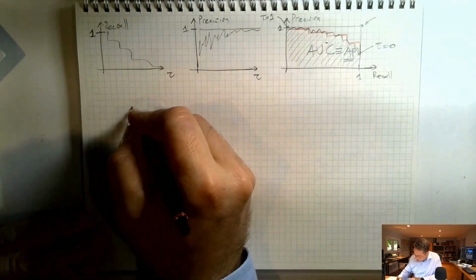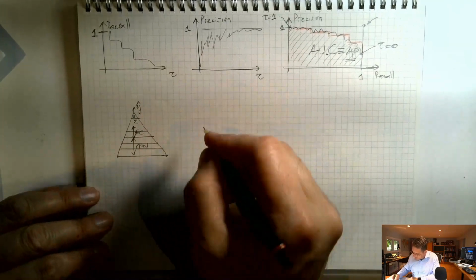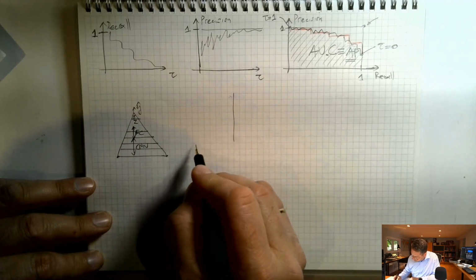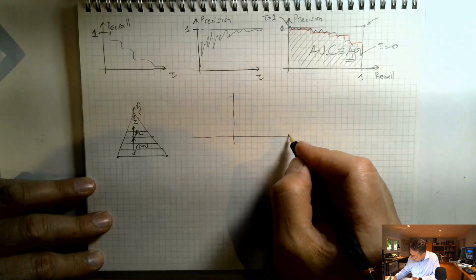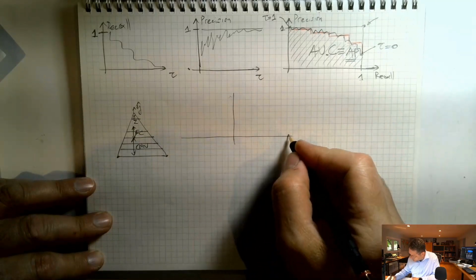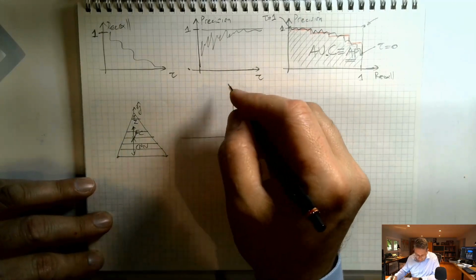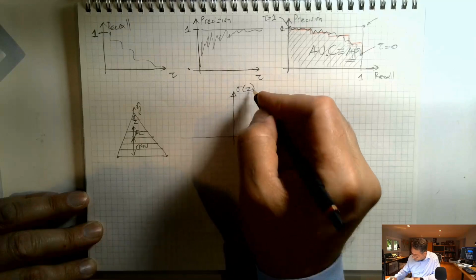If we plot what was happening, over here we had the z, and over here we had the y hat, or sigma of z.